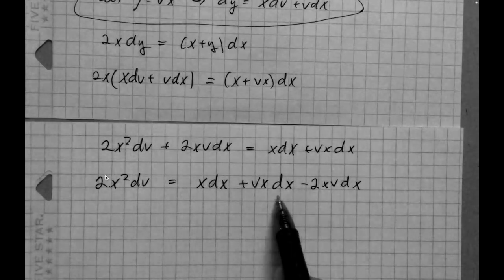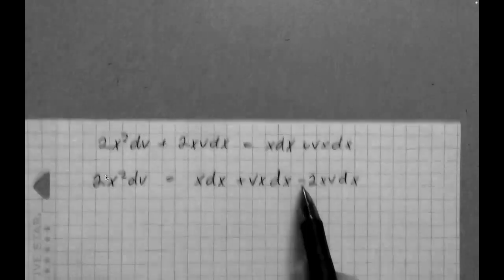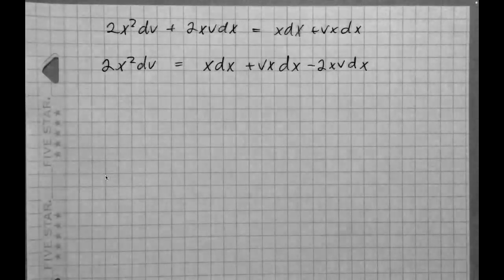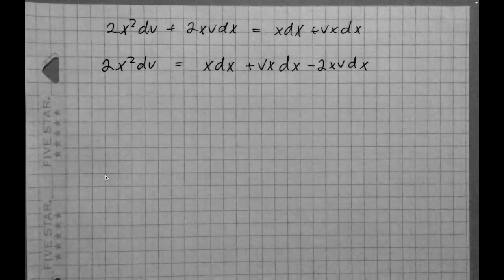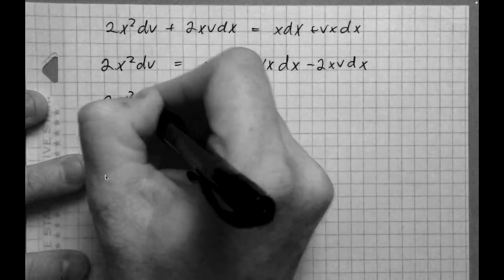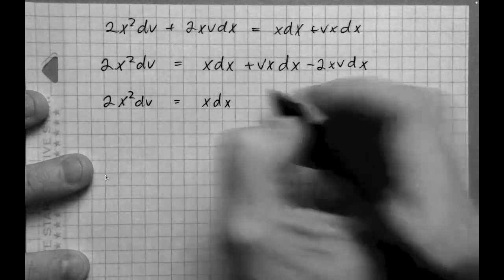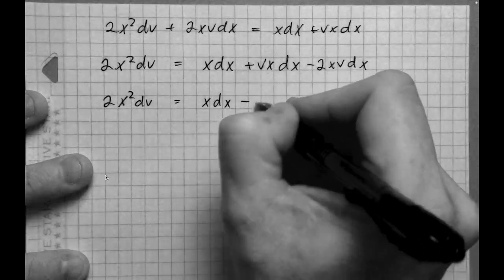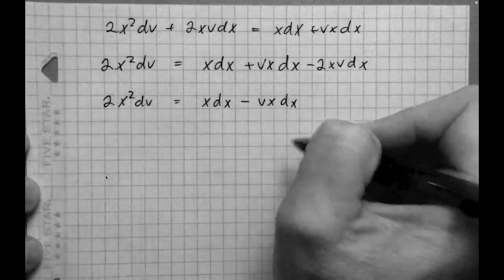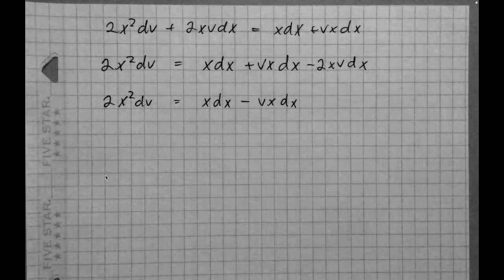Right, so like terms. So these two are like, those two are like, and then the other one is kind of stuck out there by itself. And so I get 2x squared dv equals x dx minus vx dx. All right? I believe so.